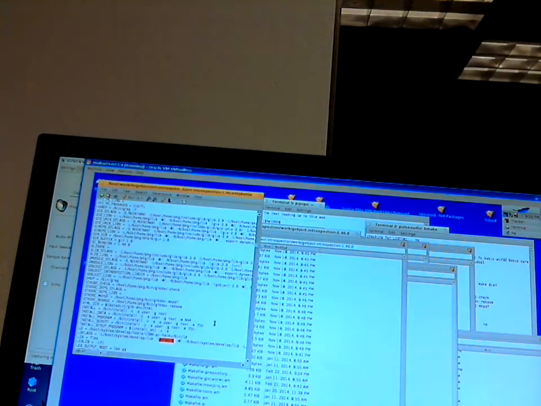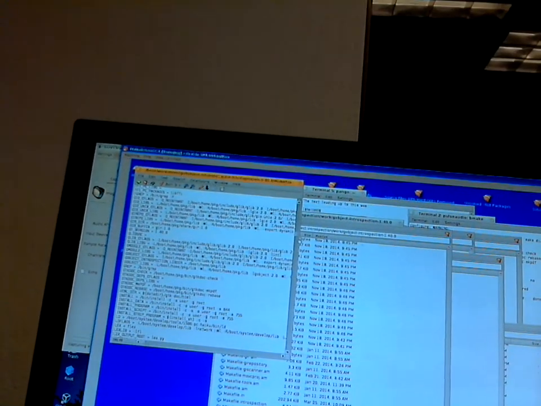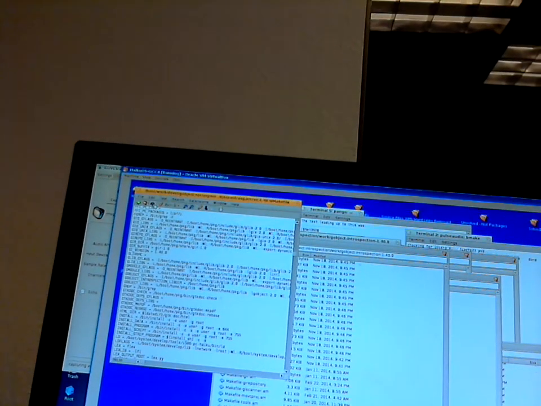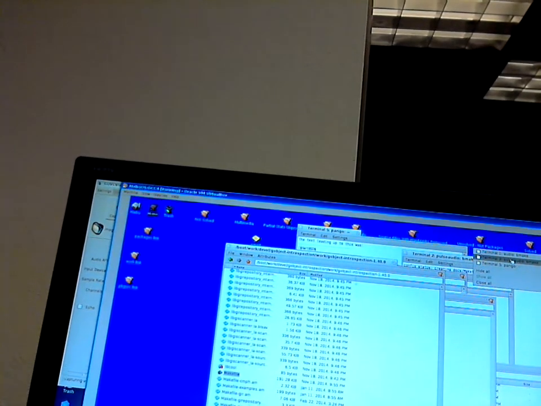Okay, so let's see what happens if I add somewhere in here, how about library root? And hopefully I didn't close the terminal. And I think I did.